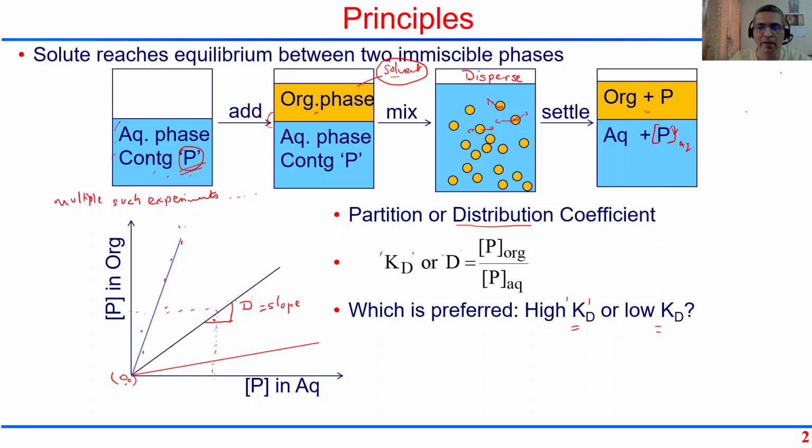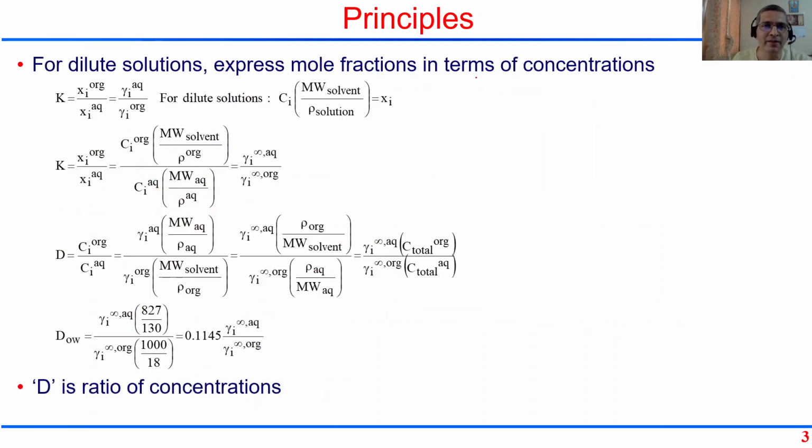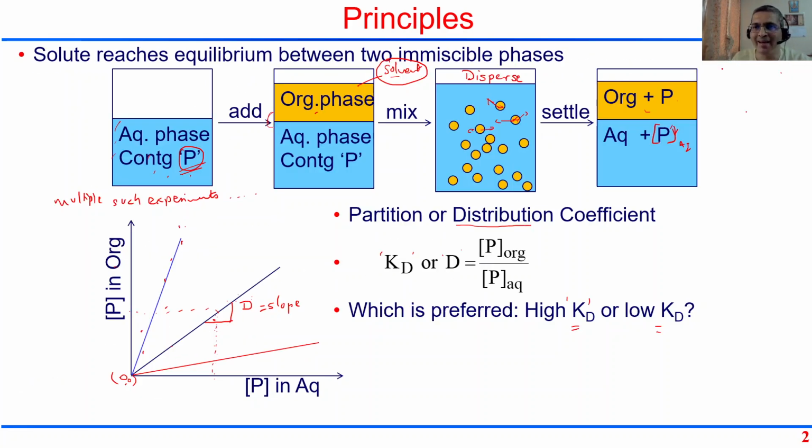Okay, so thermodynamically, if I want to write an equilibrium of P in both the phases, at equilibrium, how would you write it from a thermodynamics point of view? Any thoughts? Right.